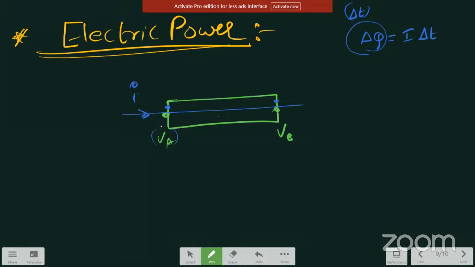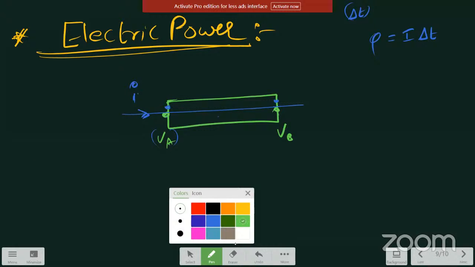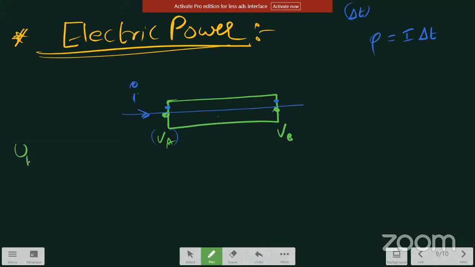If a charge Q is placed at a point with potential Va, then its potential energy is given by the potential at that point into the charge.